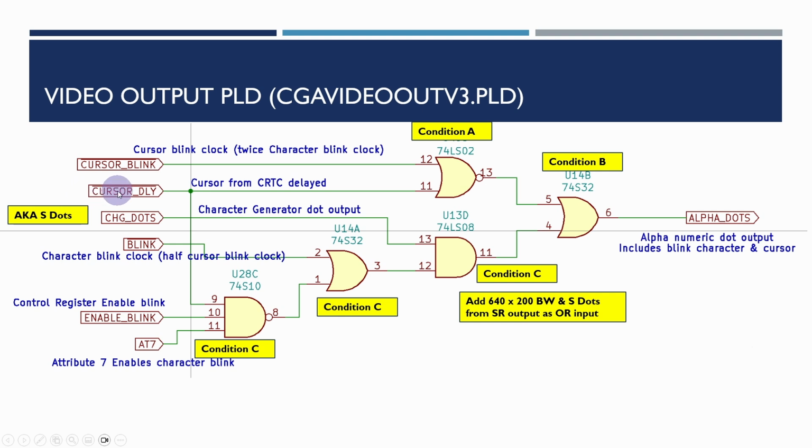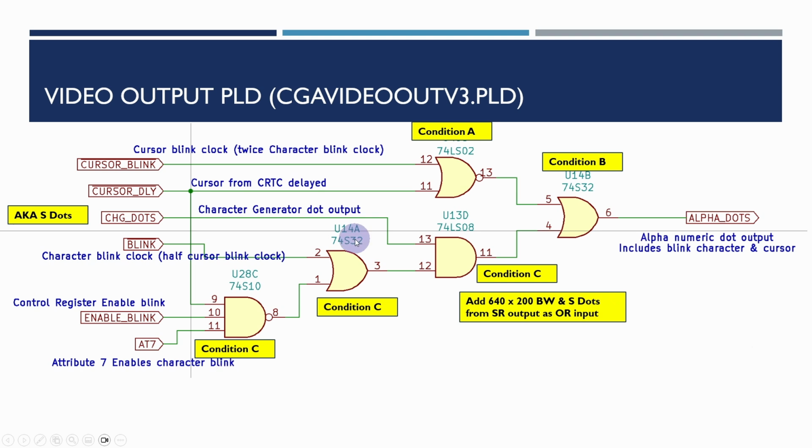There is the cursor signal coming out of the CRTC, which has been delayed by 1 or 2 character clocks. We have the character generator dots, or S dots as it's known in some of the diagrams. We have the blink clock coming in here. We have the control register enable blink coming in, and we also have the current character's attribute 7 bit.